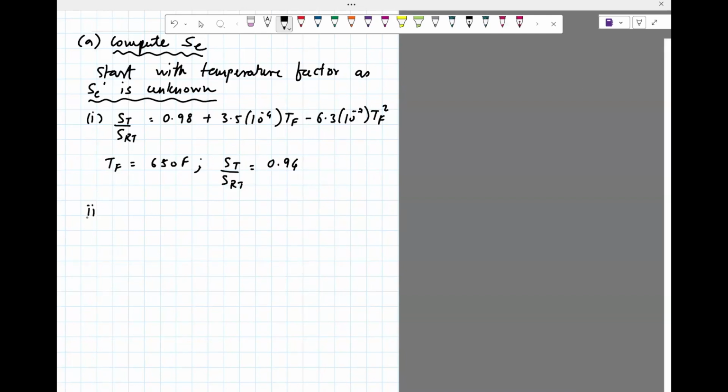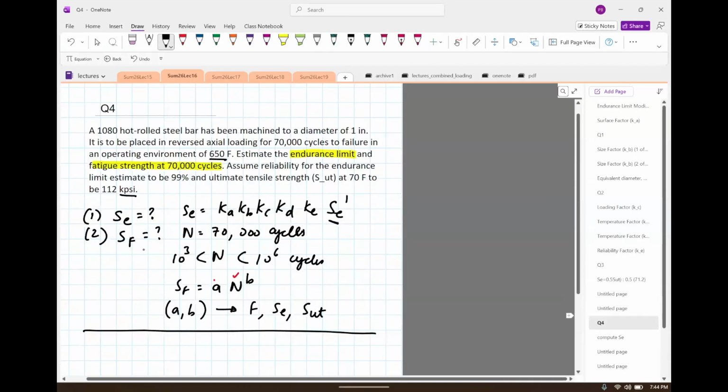The second step is we compute Sut at operating temperature, which is ST divided by SRT times Sut at room temperature. So Sut at operating temperature of 650 Fahrenheit is 0.94, already computed, times Sut, which is given at 70F as 112 kpsi.